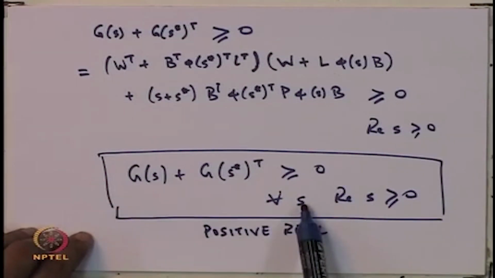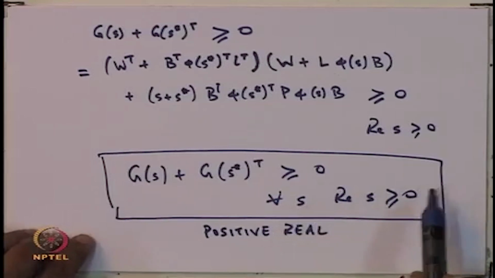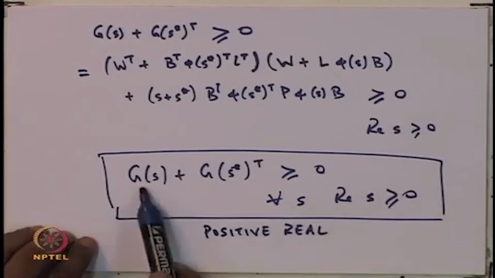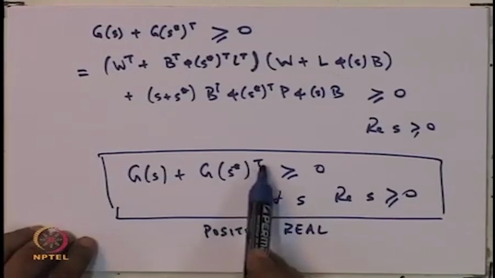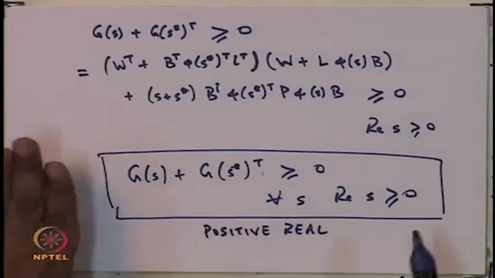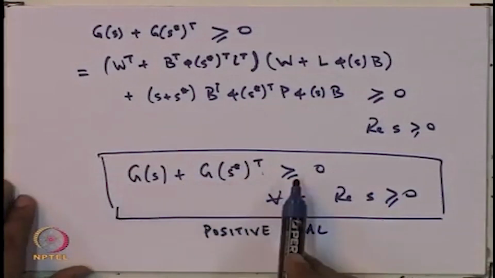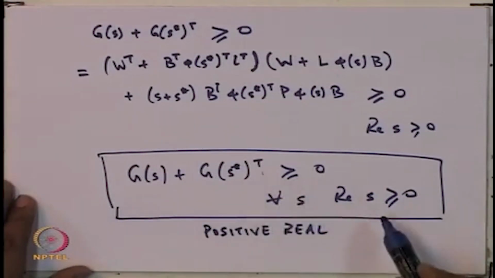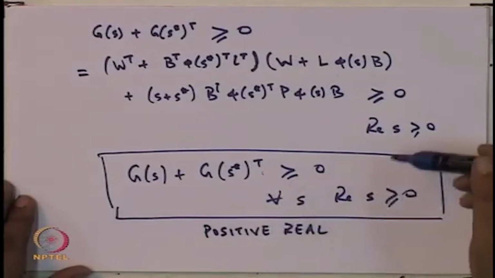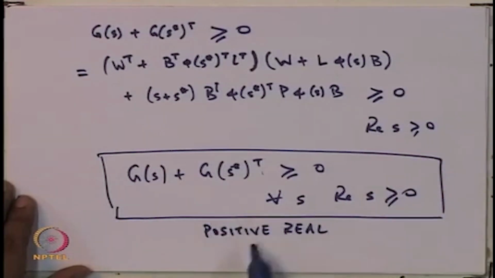That means what we are really saying is that the whole of the right half plane should map under this map G(s) plus G(s) star transpose. When you take this map from the complex plane to the complex plane, the whole of the right half plane should map to something in the first and the fourth quadrant, and in that case you can call it positive real.